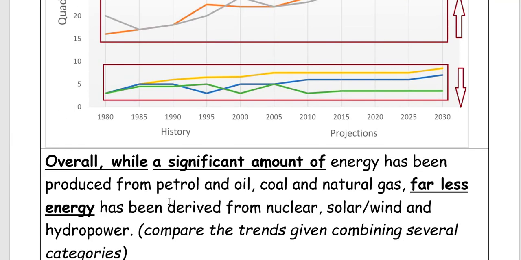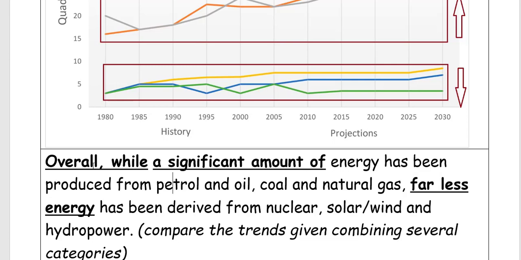Next. The next paragraph is used for describing this line graph, generally focusing on general trends rather than focusing on specific data.